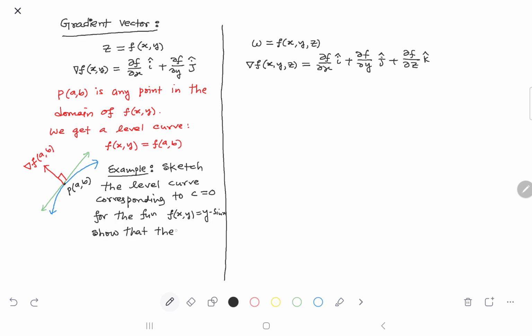So that the point P, let's say pi comma 0, lies on the level curve, and find the tangent line at the point P having coordinates pi comma 0.